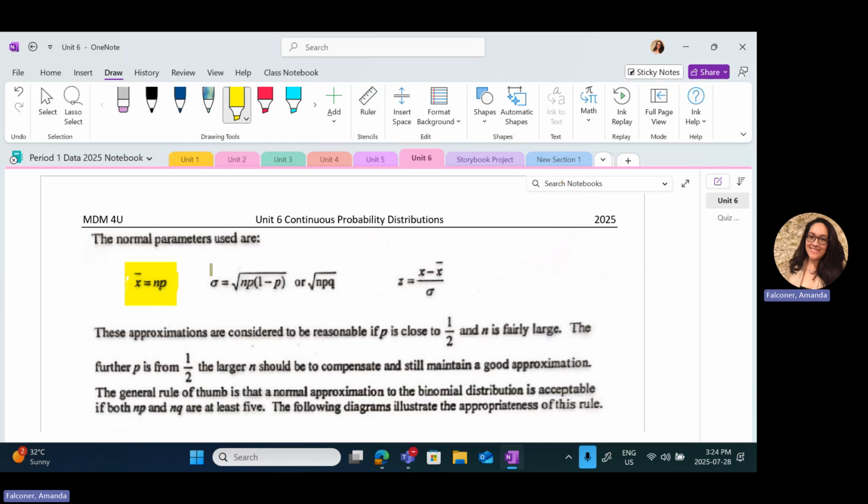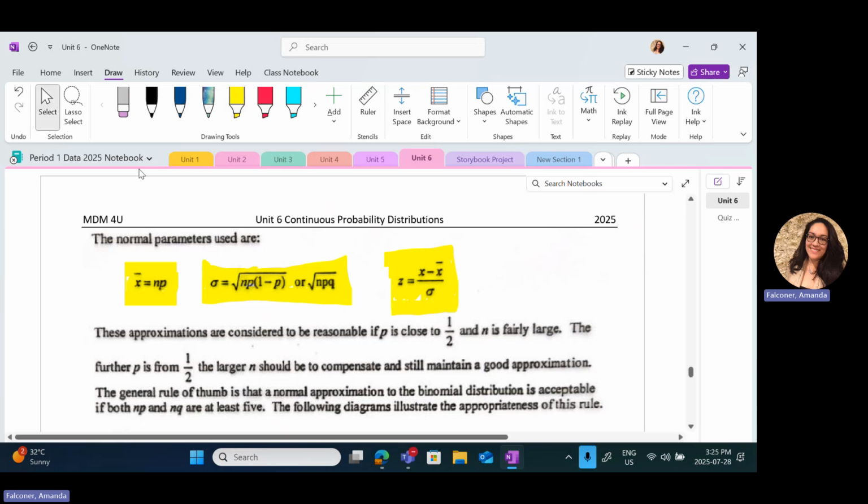Our standard deviation is going to be the square root of the product of n times p times q, remembering that if you're just given what p is, you can always figure out what q is because it's a binomial situation of success or failure. And then this one here you should recognize, which is just our same old z-score formula, the observation minus the mean divided by the standard deviation.